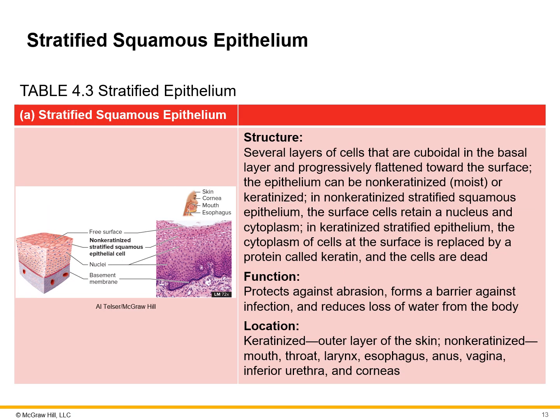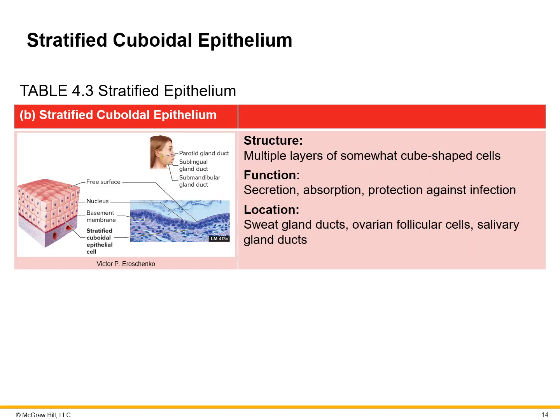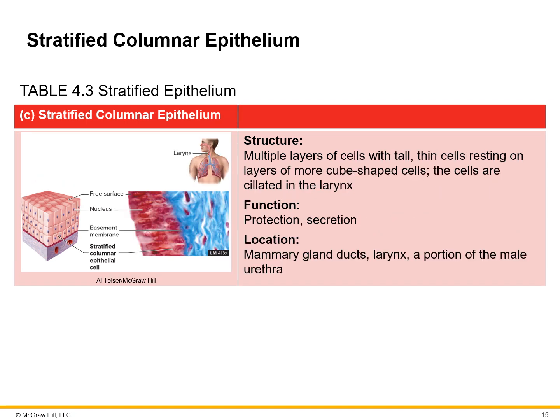Then our stratified, we have stratified squamous, again, lots of layers of those flat cells. That helps protect against abrasion, so we think about our skin with that. The stratified cuboidal, lots of layers of those cubes, again, secretion and absorption. These are what a lot of our glands, like our sweat glands, are made up of, salivary glands as well.